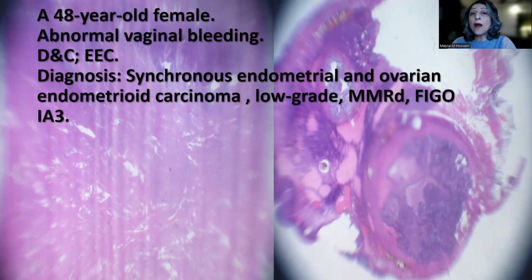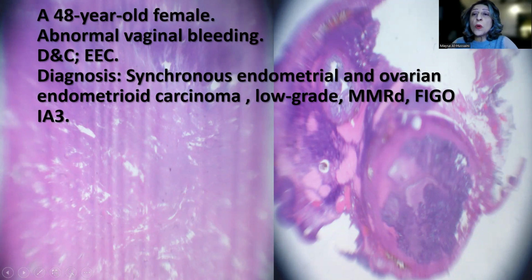These are the requirements as per the WHO in order to diagnose synchronous endometrial and ovarian endometrioid carcinoma. Remember that the old FIGO staging system used to assign a low stage 1A for the endometrial tumor and 1A for the ovarian tumor.